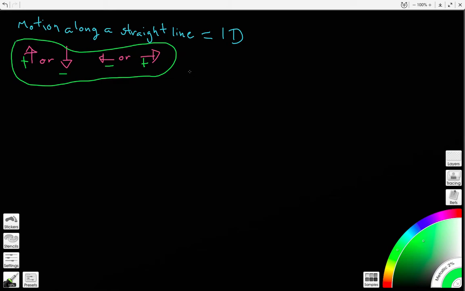Okay, so since we are talking about motion along a straight line, we can talk about one specific subtopic, which is called free falling bodies.